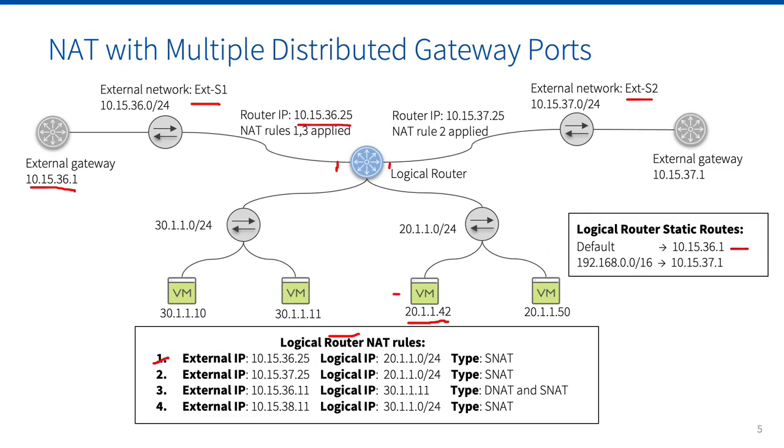Similarly, if the same VM with IP 20.1.1.42 needs to talk to 192.168.10.10, traffic will go through ext-s2 and the logical router needs to apply NAT rule 2 and not NAT rule 1 to translate the source IP to 10.15.37.25.